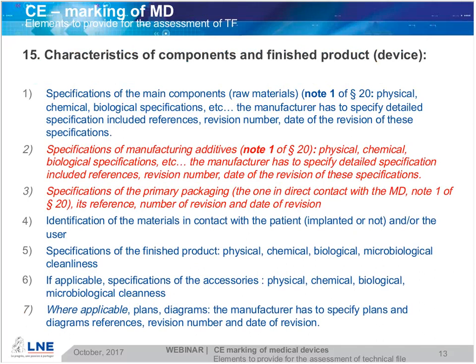And of course, the manufacturer needs to send the revision number and the date of revision of the specification. Item 3 has also been created. It's about the specification of the primary packaging, which is the packaging that has direct contact with the medical device, and we need to know about it because it can change the response to the biological assessment.